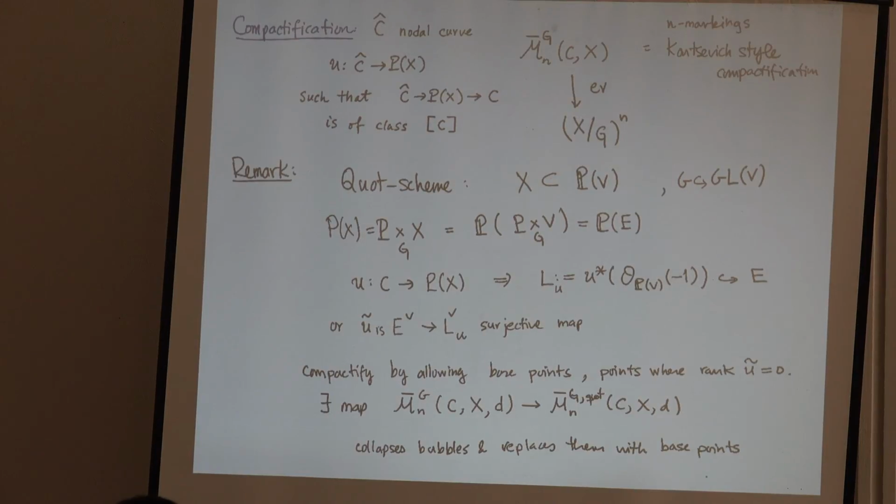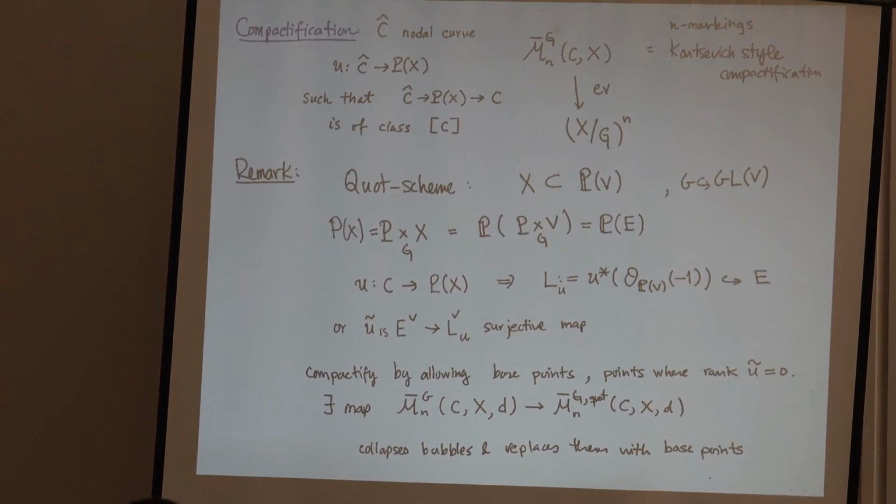So as I was saying, there are two compactifications of these moduli spaces. The original one that I gave is essentially what we call the quot compactification, and there is going to be a compactification whenever you add markings as well to gauge maps, and this is going to be very similar to González style. So the evaluation maps go and target into the quotient stack, so that's the only difference that you have, but other than that, it's essentially the same.